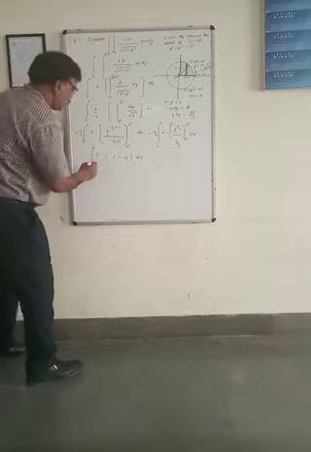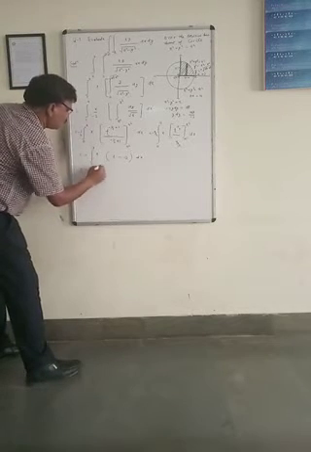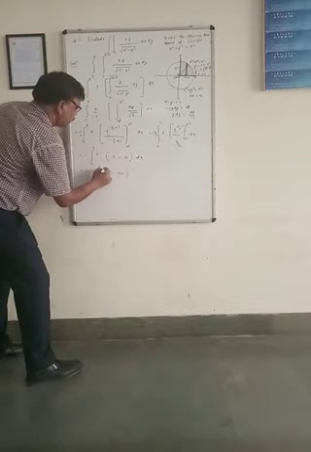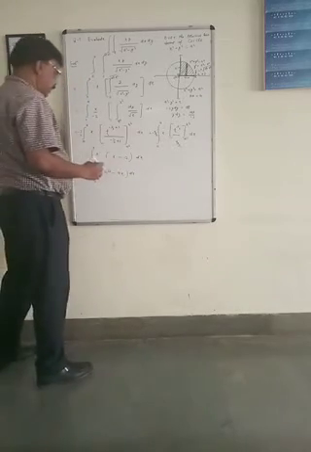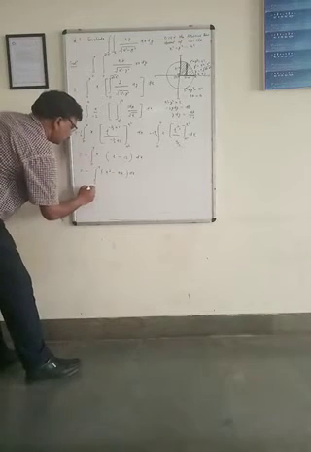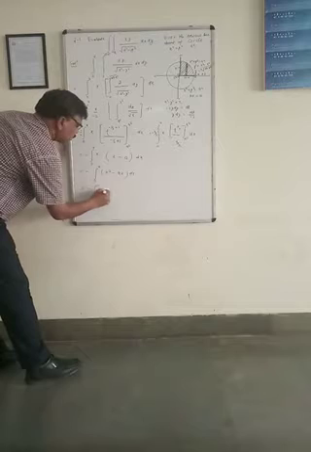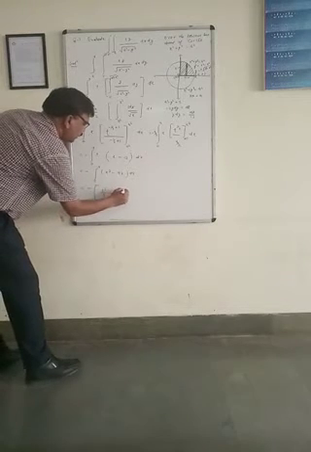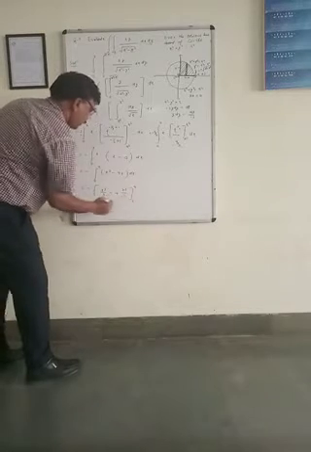So again minus, 0 to a, x square minus ax, dx. Now integrating with respect to x, it gives x cube upon 3 minus a x square upon 2, limit 0 to a.